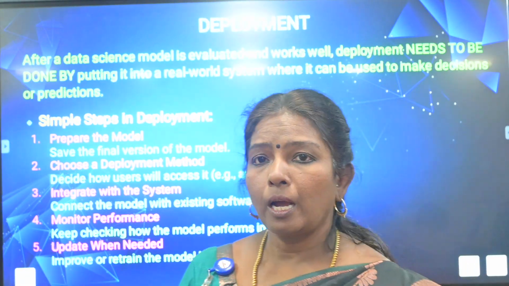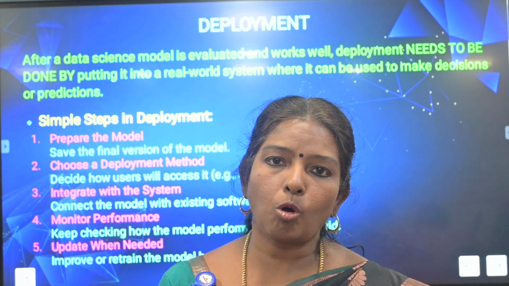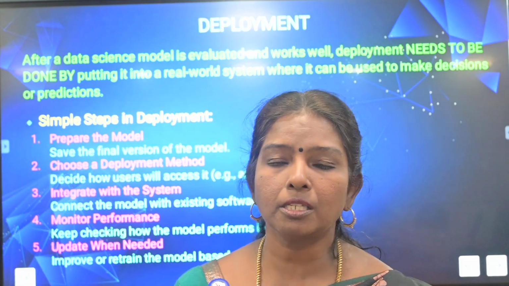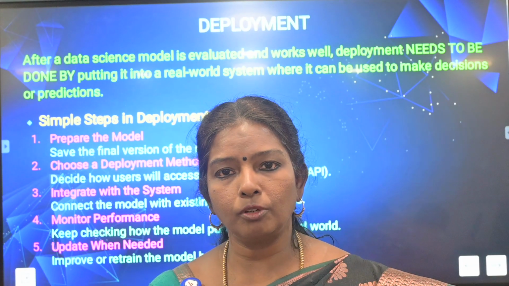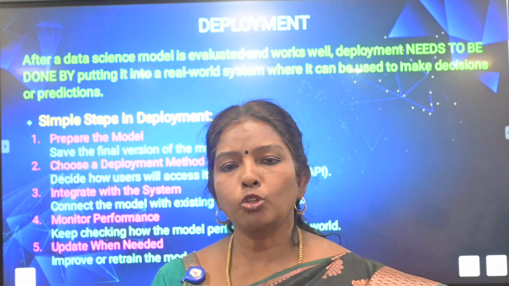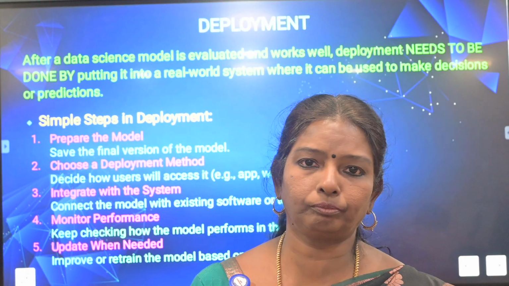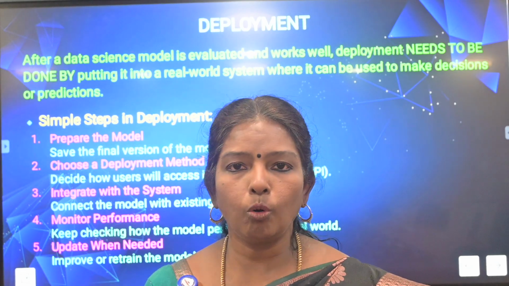Right. So once the trained data science model is evaluated for its correctness, it needs to be deployed to the real world to solve real world problems and to address real world challenges. So what are the various steps in deployment? First, I need to prepare the model. So what should I do?